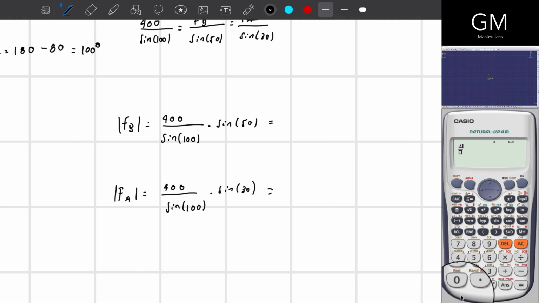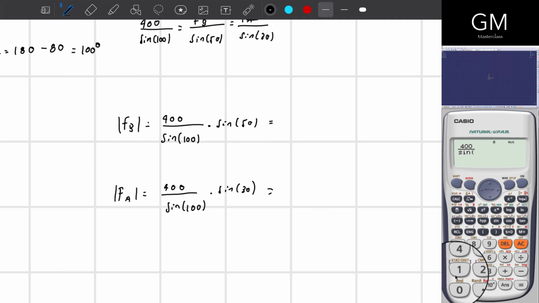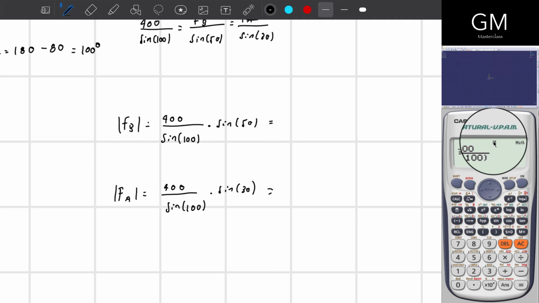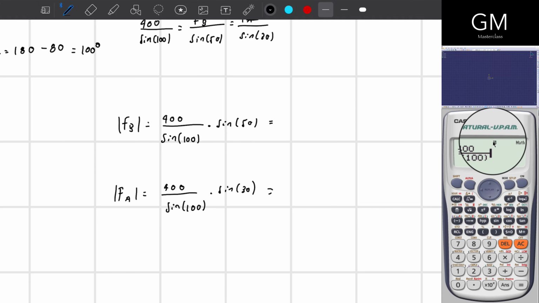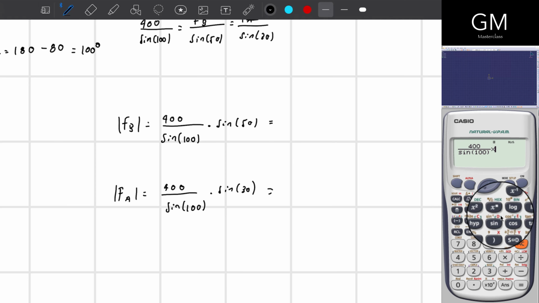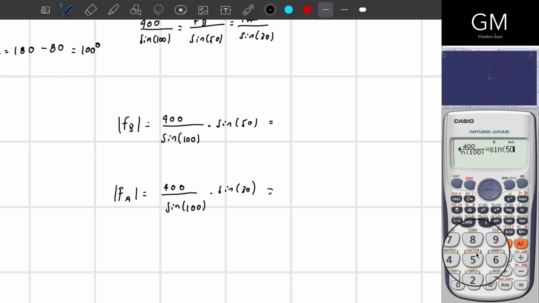So 400 divided by the sine of 100. I have to make sure that I'm using degrees. Right here you can see that. Multiplied by the sine of 50 in this case.